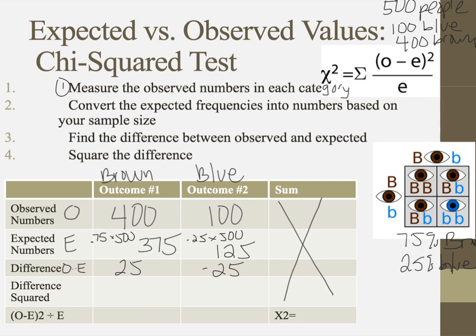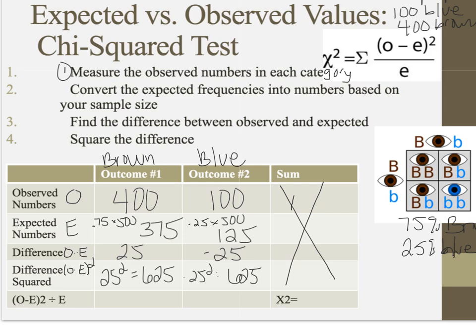Now we're going to find our difference squared. So observed minus expected, which is what we found up above. Now we're going to square it. Okay? So 25 squared equals 625. Minus 25 squared also equals 625.